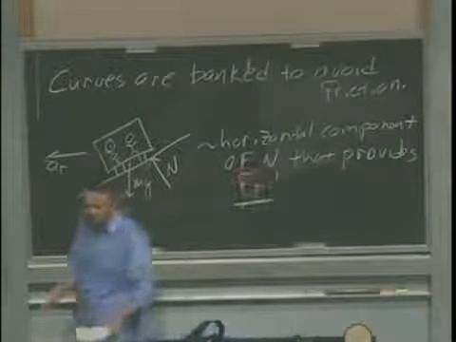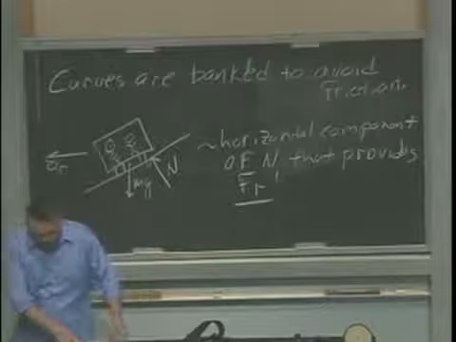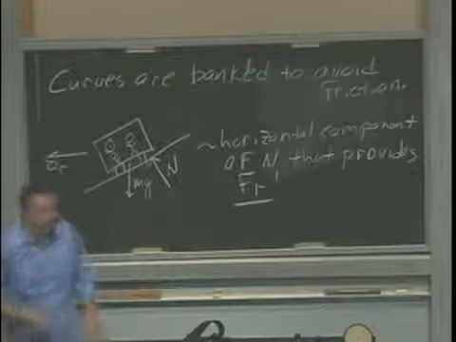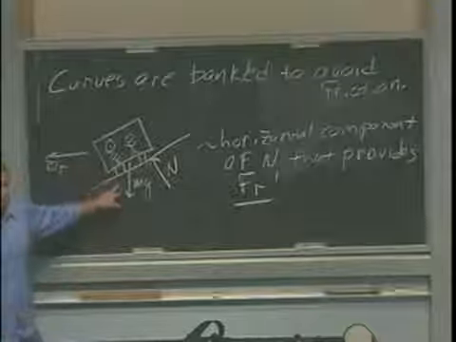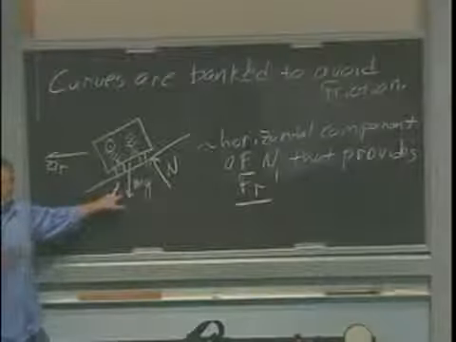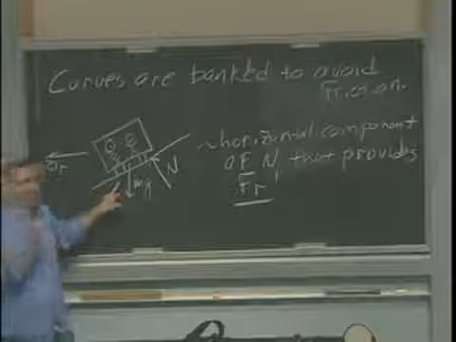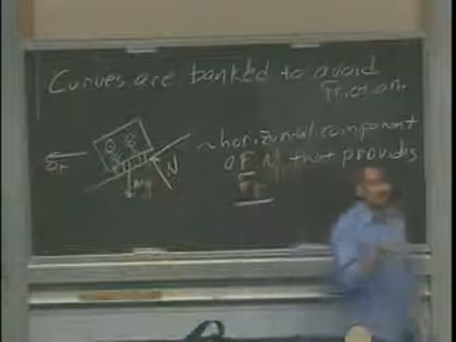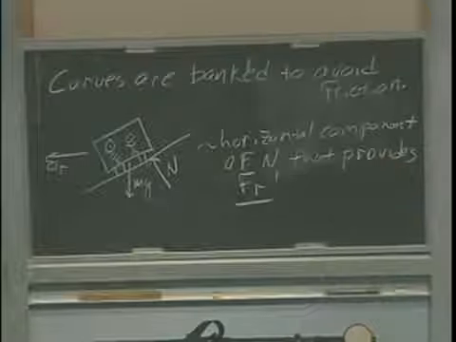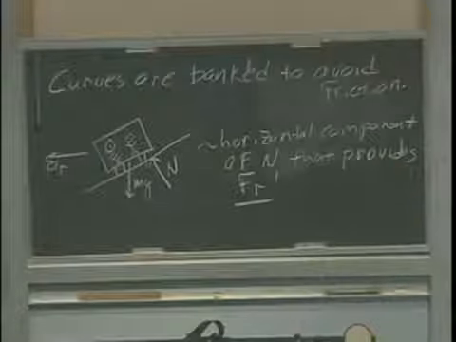Now, there are some complications to that. First off is that these highway curves are always designed for specific speeds. So when you see a sign on a curve that says 50 kilometers per hour, that's not just because they don't think you're a good driver.